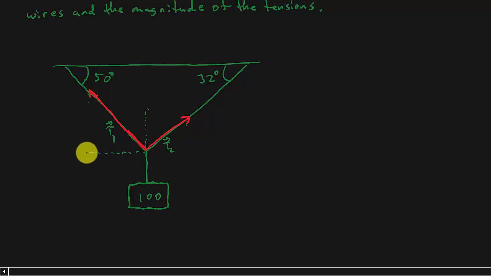If I draw this, now this angle's 50, so that tells us, let me do this in a different color, that's 50, and then we know this one is 32. That one's 32 degrees because this one's 32. Alternate angles, when you have parallel lines cut by a transversal.